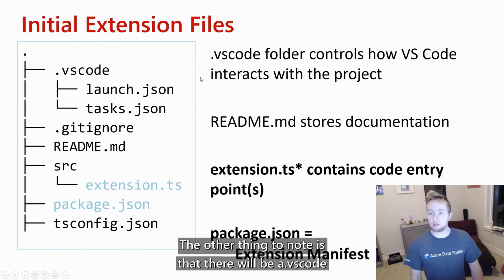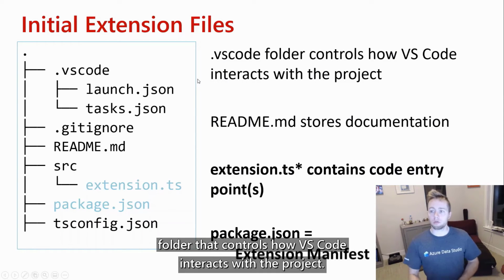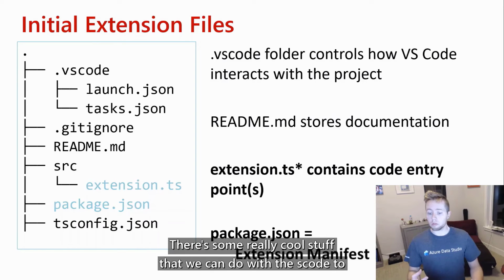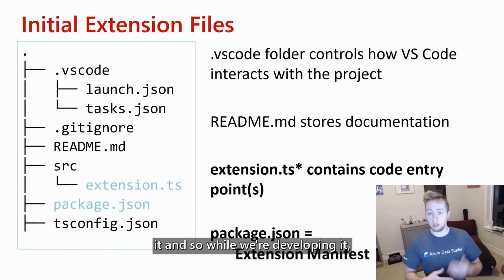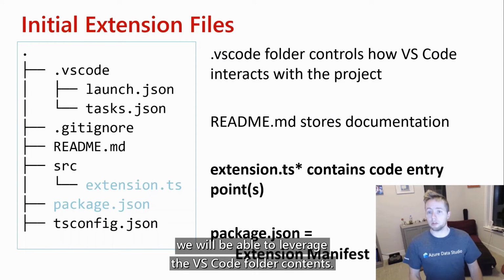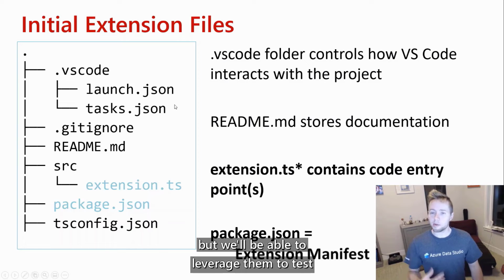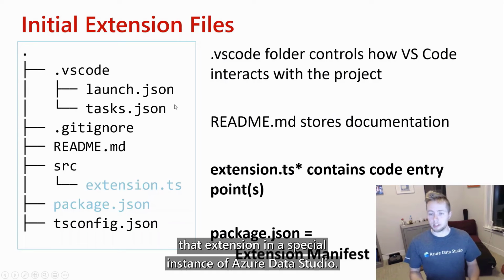The other thing to note is that there will be a .vscode folder that controls how VS Code interacts with the project. There's some really cool stuff that we can do with VS Code to debug the extension while we do it. And so while we're developing it, we'll be able to leverage the .vscode folder contents. We won't have to change them, but we'll be able to leverage them to test that extension in a special instance of Azure Data Studio.